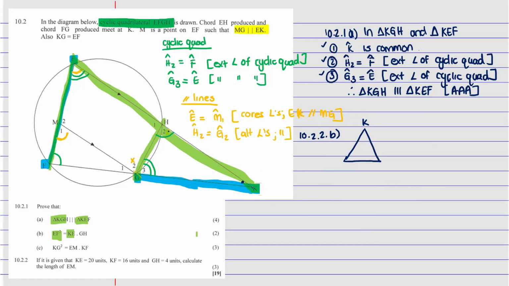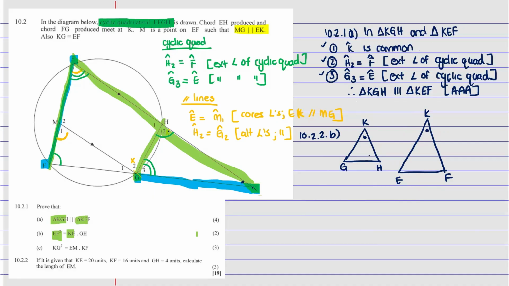So we have angle K, then G, H. We're going to match it up with the bigger triangle, which is angle K, and EF. It really doesn't matter; what matters is when you're writing the angles, they need to match up. Those two are equal to each other, and we know that's common.